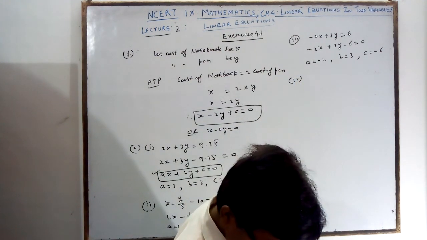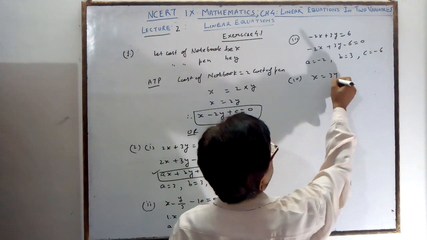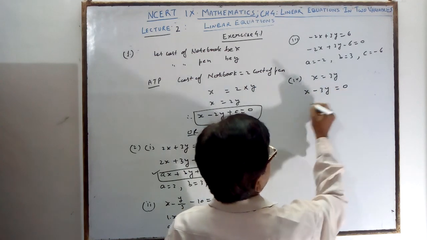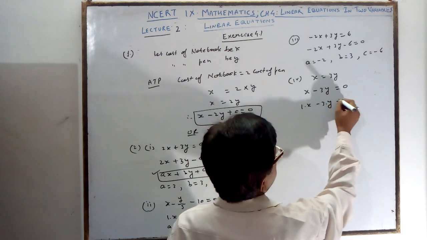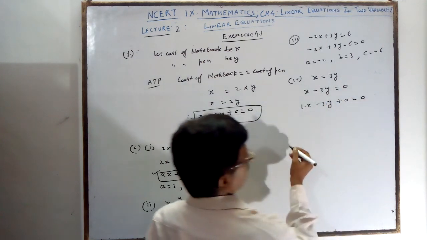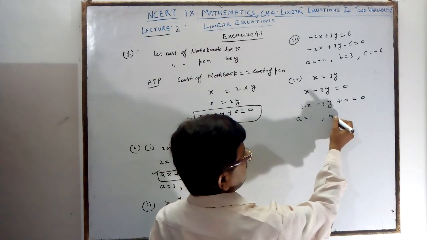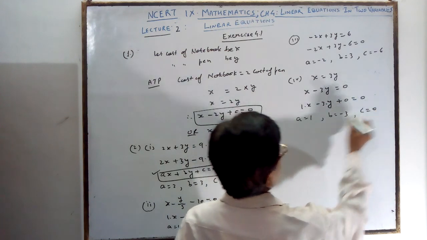Fourth part is given: x is equal to 3y. So you can write x minus 3y equal to 0, or 1x minus 3 into y plus 0 is equal to 0. Now see, compare all the numbers: a is 1, b is minus 3 and c will be 0.